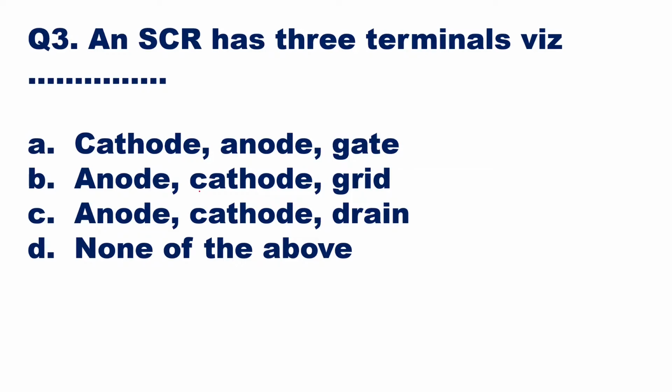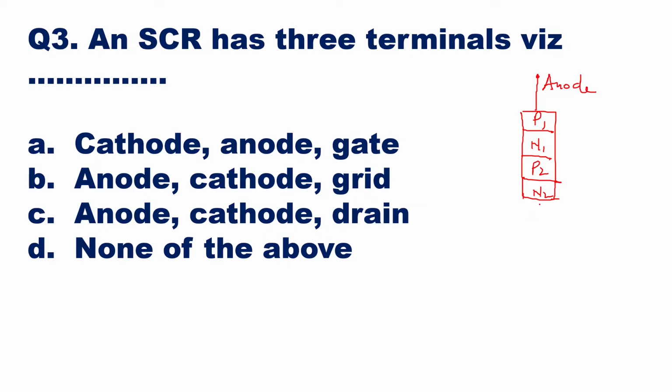An SCR has 3 terminals. As we have already seen the structure, we have already named the terminals. So this is also a basic question. If the structure is like this, P1, N1, P2, N2, then the first terminal connected to the P region will be named as anode.